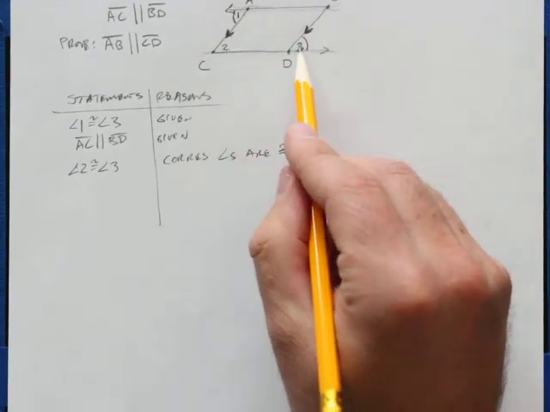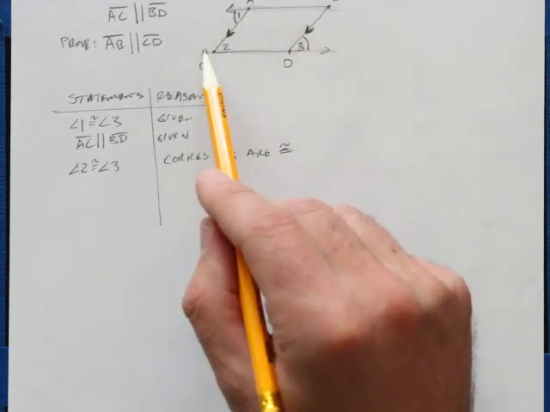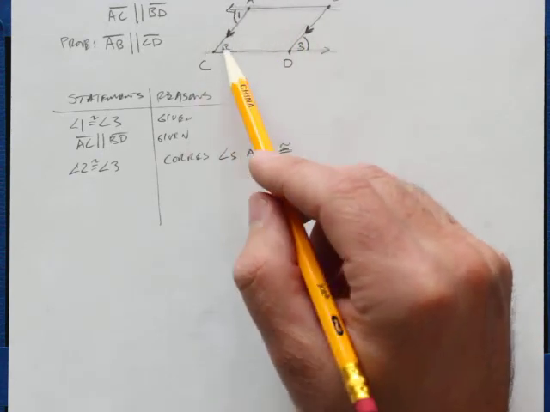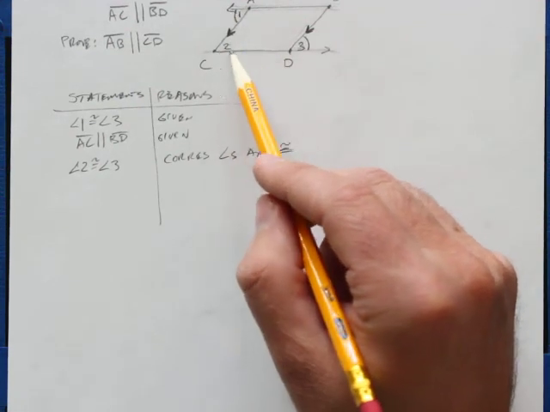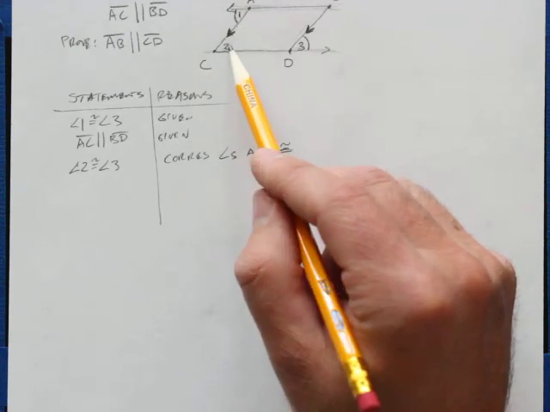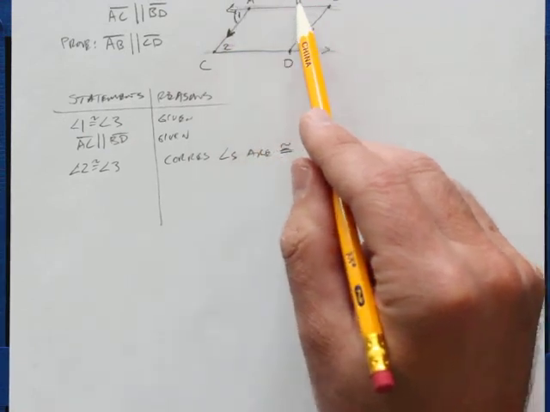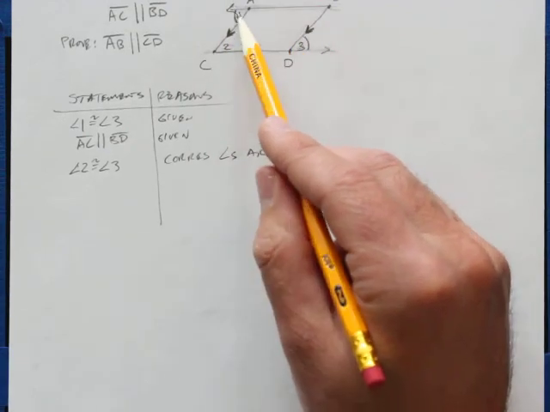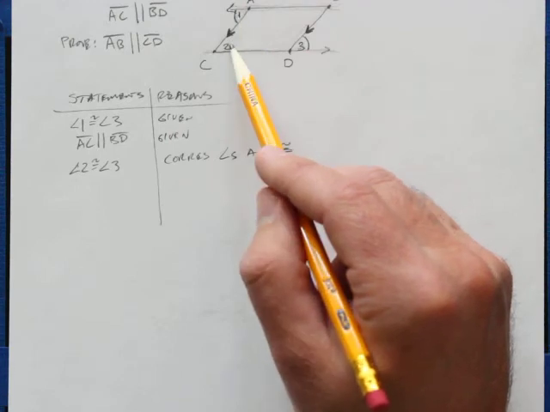Now that I have these two corresponding angles congruent, I can start thinking about a way I can say that these two are congruent, and these happen to be alternate interior angles, and so if they are congruent, then I can say that these two lines are parallel because this transversal cuts it so that the alternate interior angles are congruent.